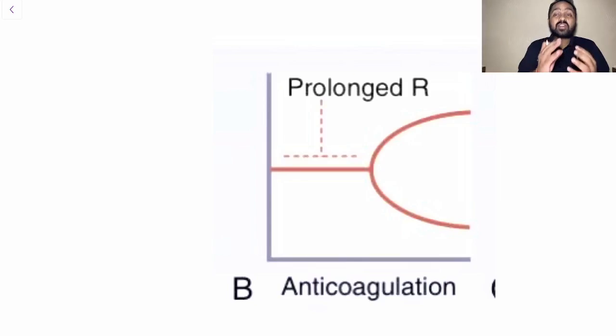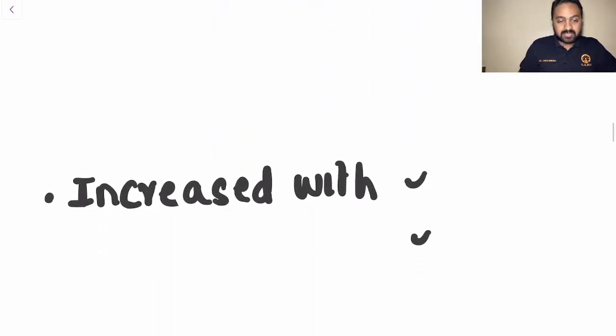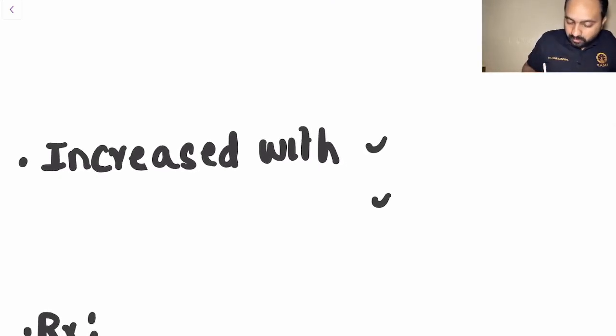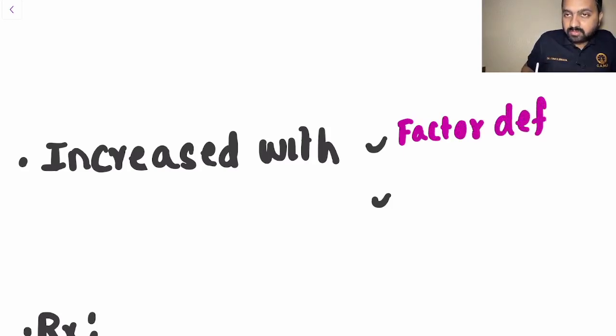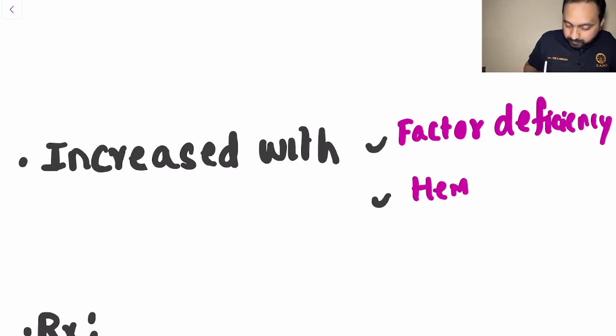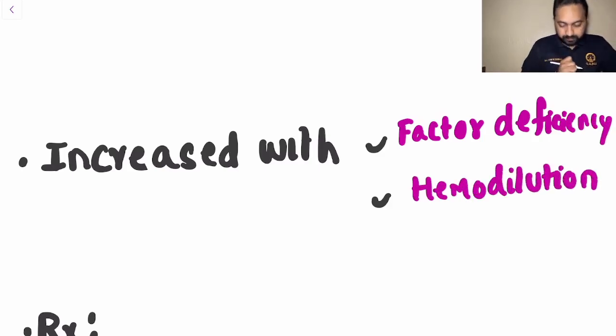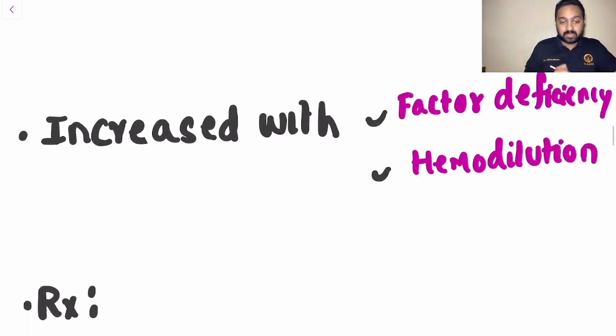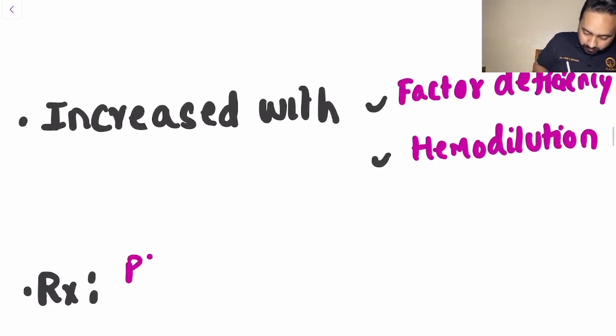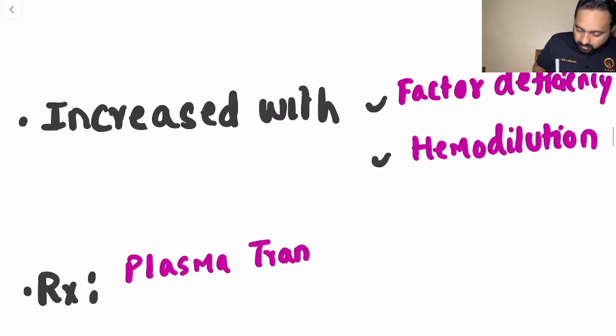Now what are the conditions that lead to a prolonged R? It is increased with factor deficiency and hemodilution. So what would be the treatment? The treatment would be plasma transfusion.